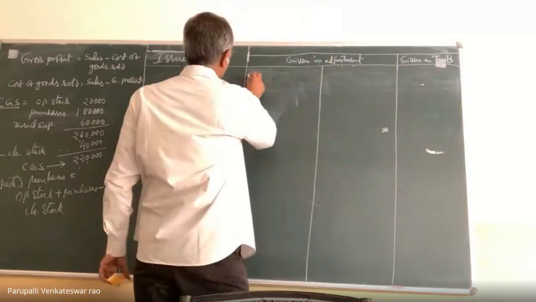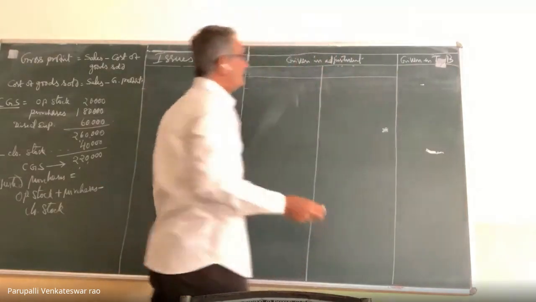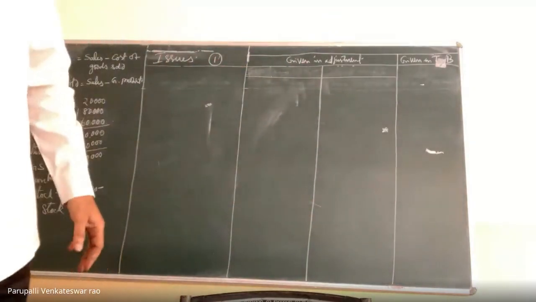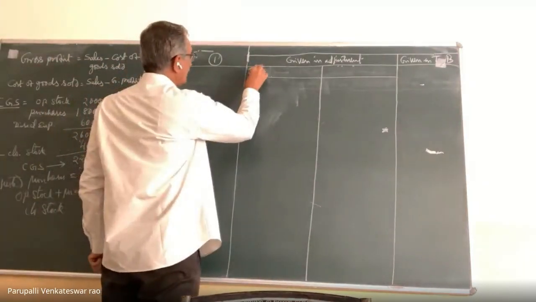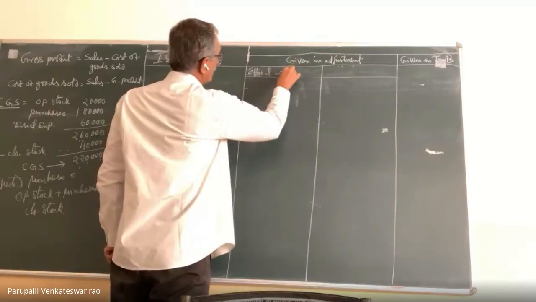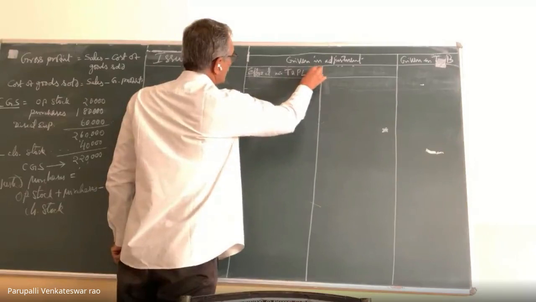Given in adjustments has two columns. Here you write effect in trading and profit and loss account.